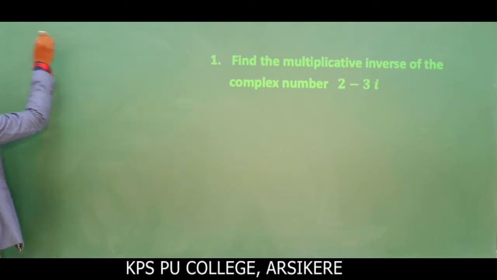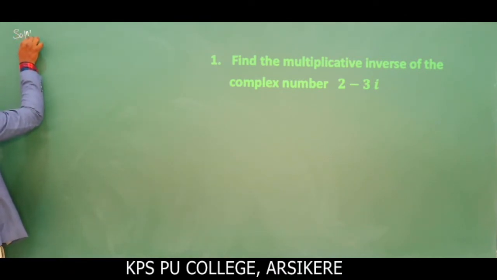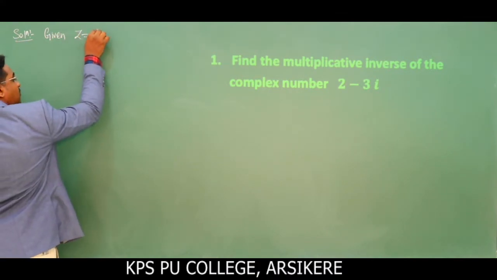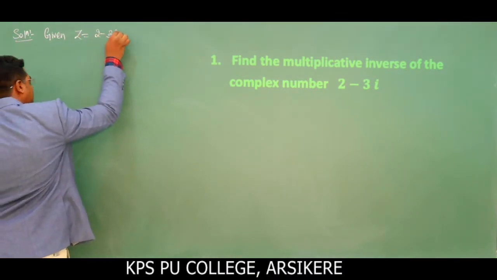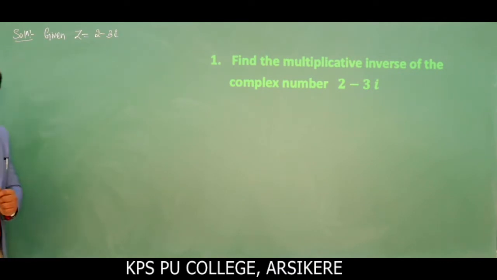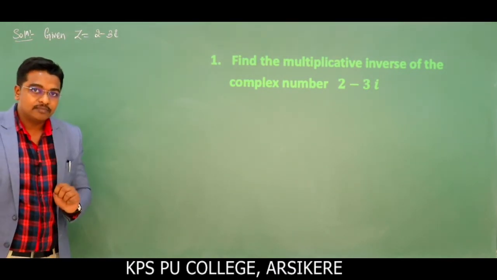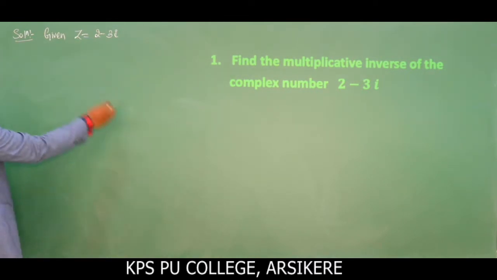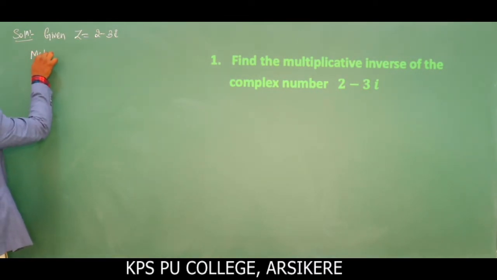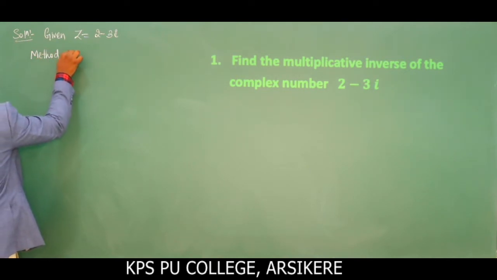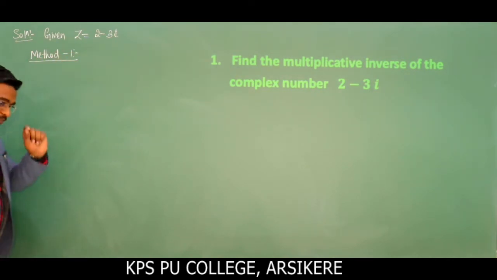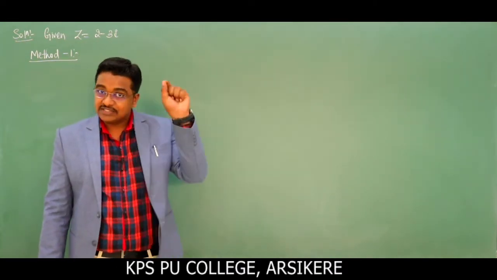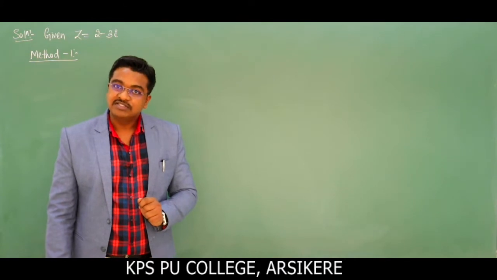Solution. Given, take the given complex number as z. So z is equal to 2 minus 3i. I will go with two methods here, first one and second one. Method 1: I told you the formula earlier, z inverse is equal to z bar divided by modulus of z whole square.